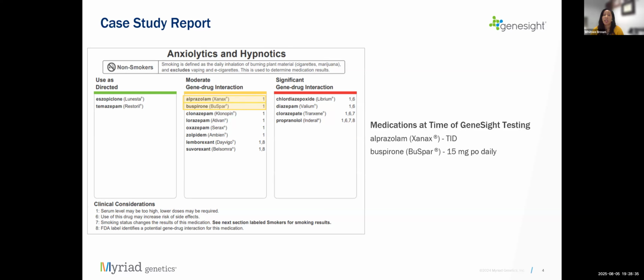So while she was on 15 milligrams, a lower dose would have been a better option for her. And while she was on the Xanax 3 times a day, lower doses would be more appropriate for her, also considering her age. And so this doesn't mean that the patient cannot take the drug. It simply means that we need to be a little bit more cautious with the management of it and to offer a more personalized approach, knowing how to apply the clinical considerations.